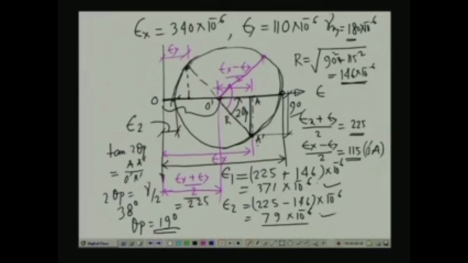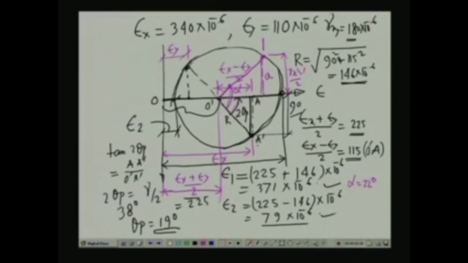This will give us the normal strain and the shearing strain, gamma x dash y dash by 2. Now, this particular angle is 38 degrees, and this total angle is 60 degrees. So, 60 minus 38, if we call this alpha, alpha is equal to 22 degrees.